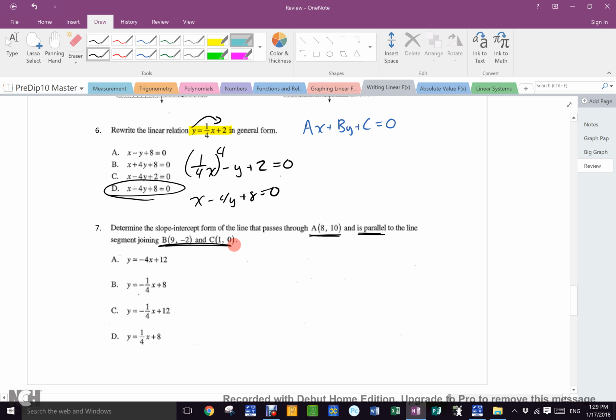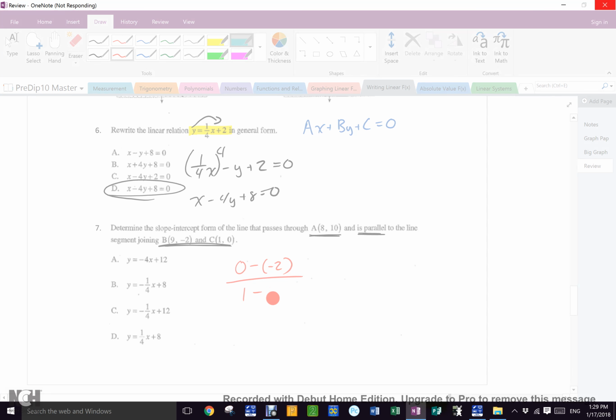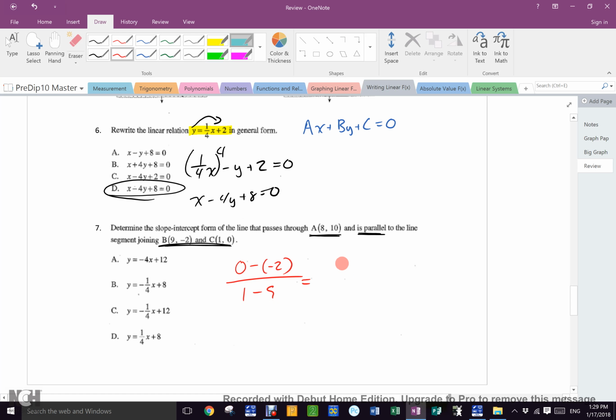How do I find my slope when I have 2 points? 0 minus minus 2 over 1 minus 9, which is 2 over negative 8, which you would never write, negative 1/4. That's my slope. That's my point, yes?